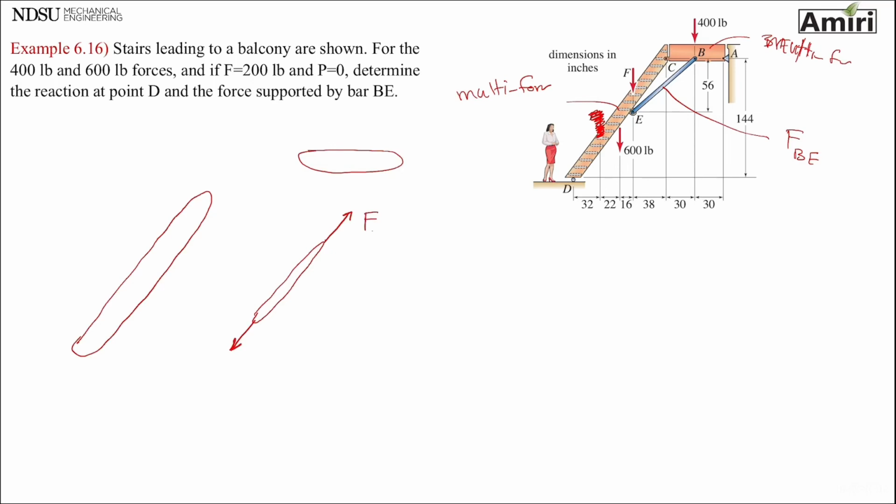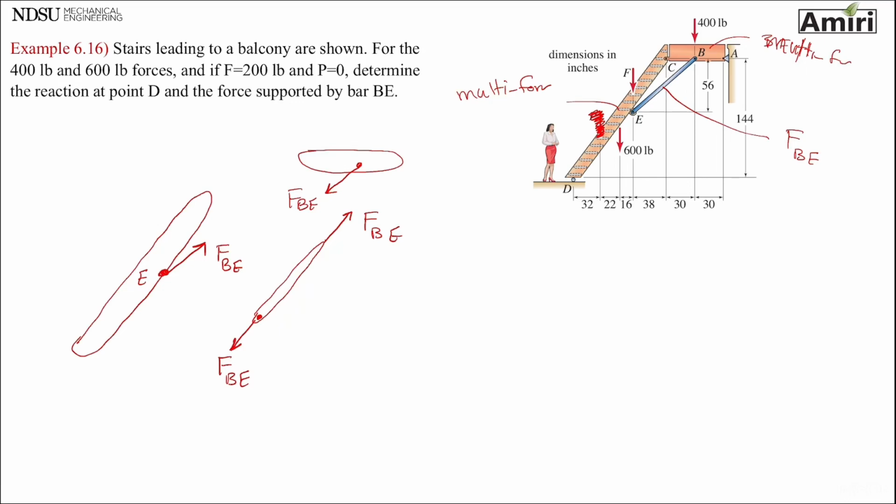So force BE, force BE. They're the same, equal, opposite. I have pin E here, force BE. I have a pin B here, force BE. Okay, so see that two-force member started helping us a lot.